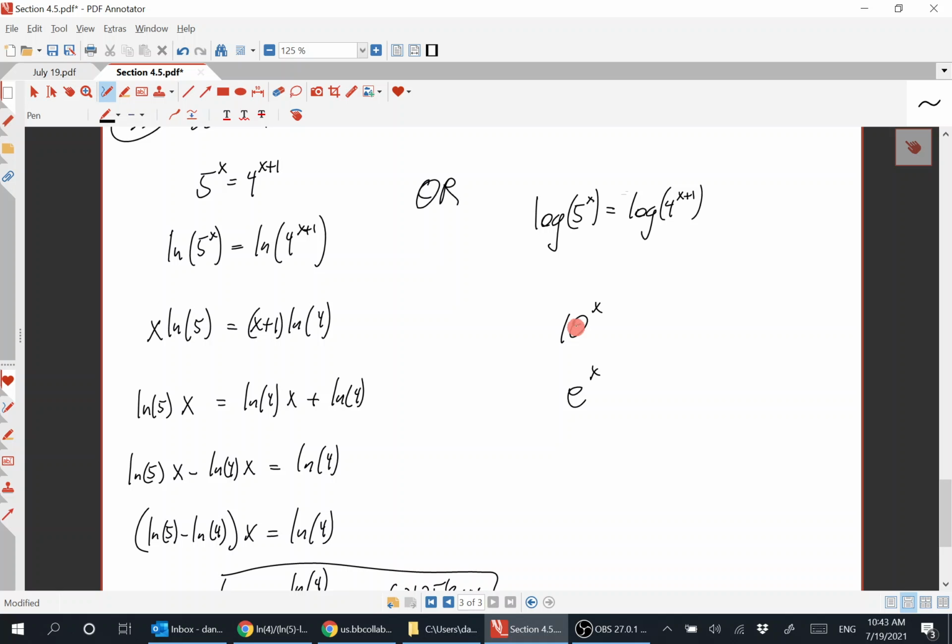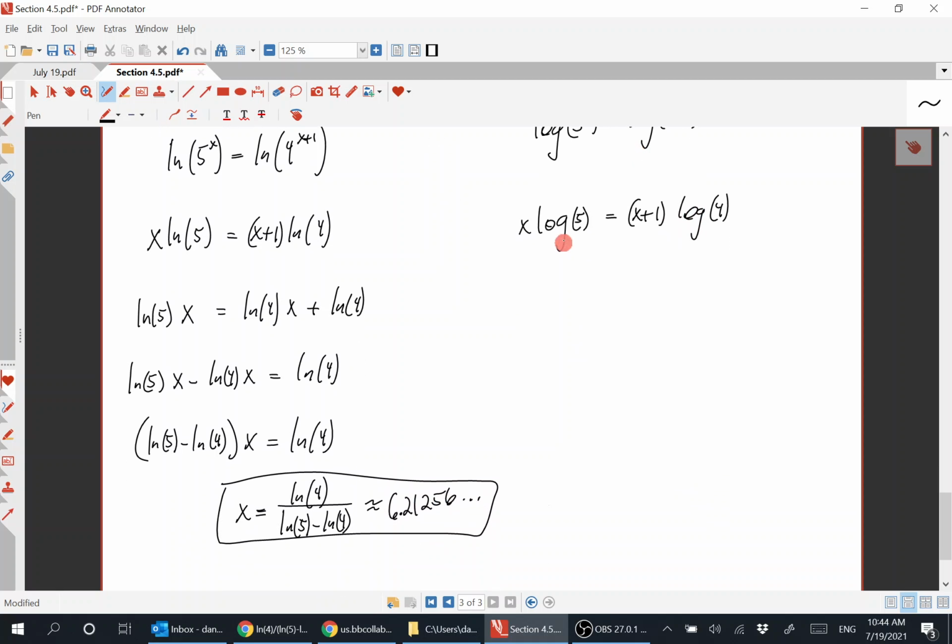In that case, log base 10 or natural log might be a better choice because the calculation would be simpler. But here we have some funny bases. We have base 5 and base 4, so it doesn't matter. It's not going to be any easier or less messy using one base than the other.